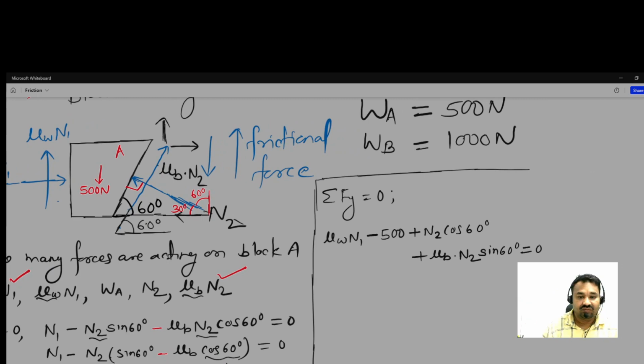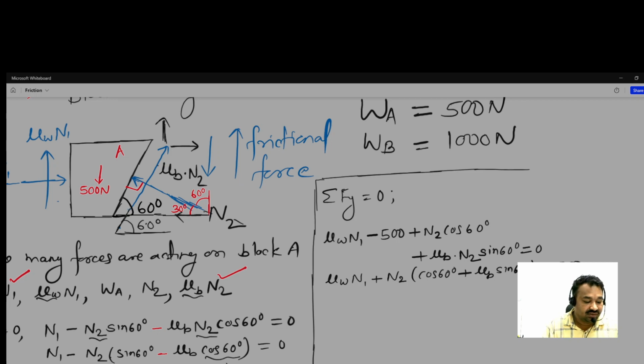So after simplifying this, we get mu w N1 plus N2 taking common, cos 60 degrees plus mu b sin 60 degrees, and it is equal to 500.